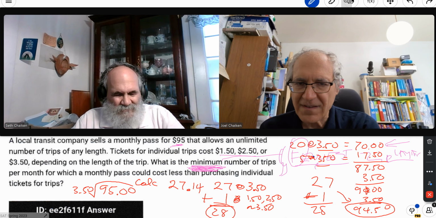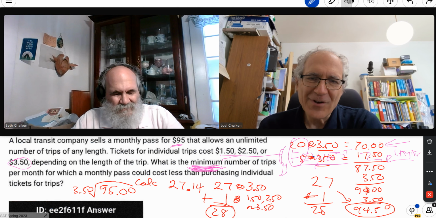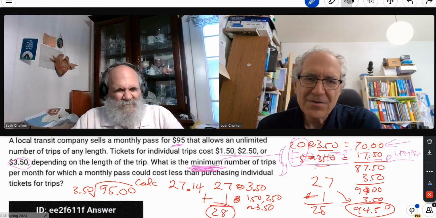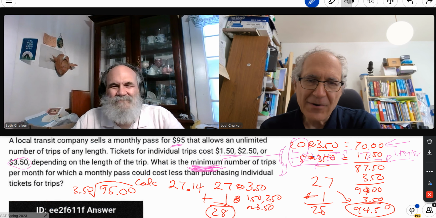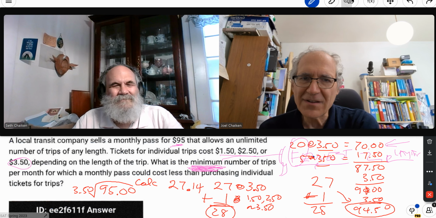The key here is that you only use this one number really to help you get the answer. It's basically a word problem, and I think they were just trying to figure out what your skill set is in solving word problems.